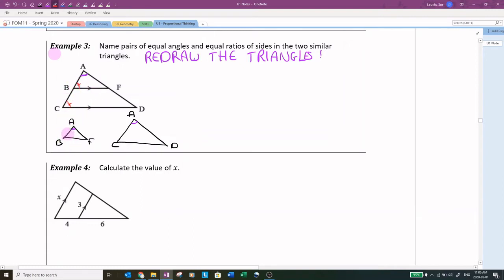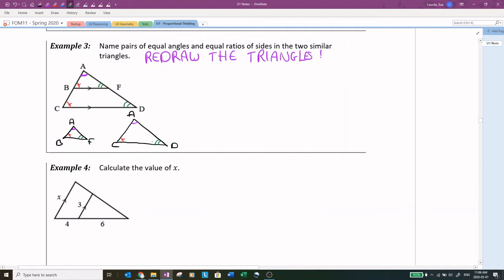So I can mark angle B with that symbol, and I mark angle C with that same symbol. And then in green, I'm going to just do 2 lines for that one, and that angle is the same as D, again, because of the parallel lines. So angle F here is a 2-stripey, and D is a 2-stripey.